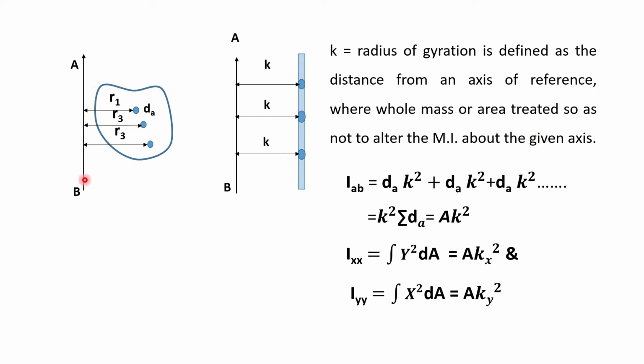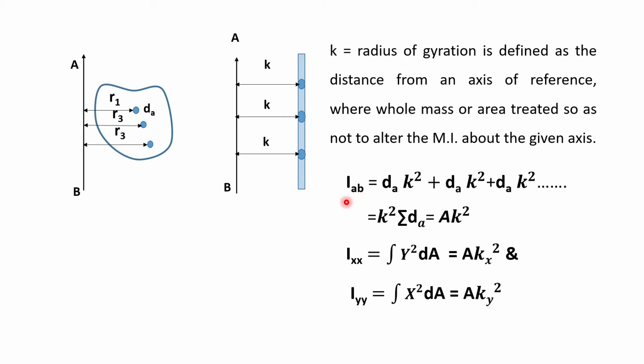In the front view, it has particles at different distances R1, R2 and R3. When we consider the thickness of the lamina, it remains at the same distance from the reference axis, and that distance remains as k, the radius of gyration.